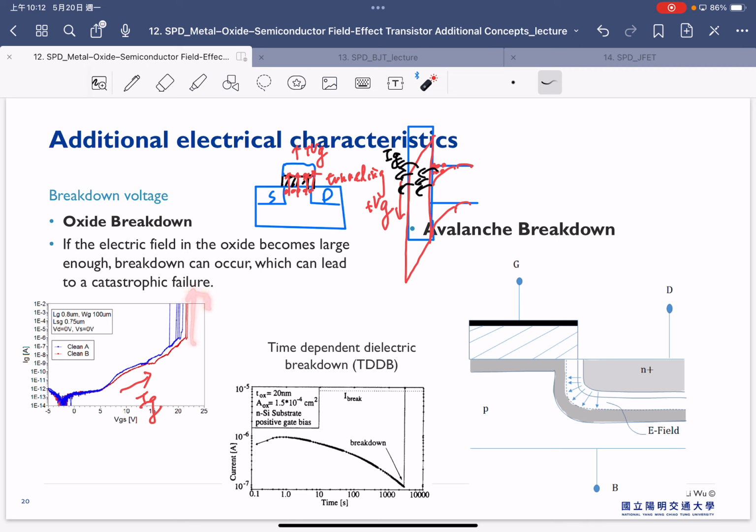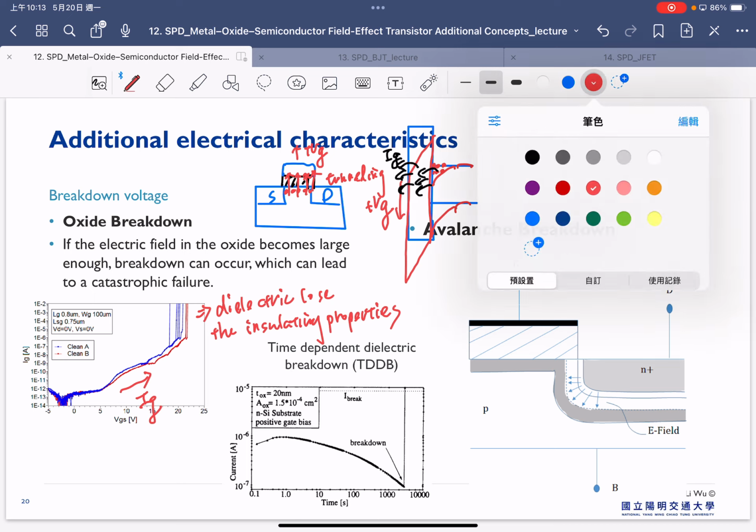And this is a phenomenon because right now the dielectric loses the insulating property. So that means our dielectric is not the dielectric anymore. It becomes a conductive material. That's why you will start to see this very high leakage current.